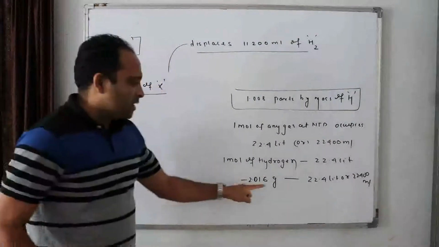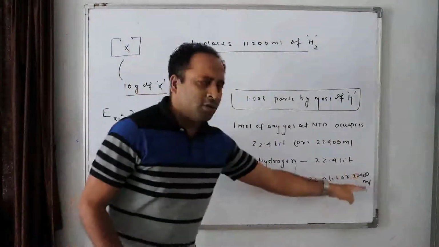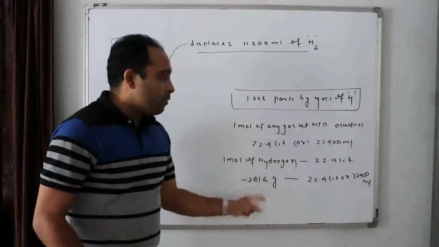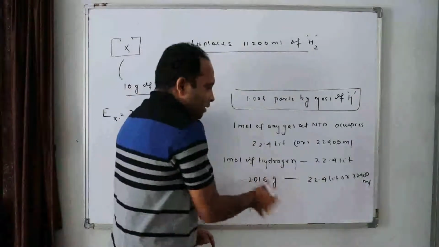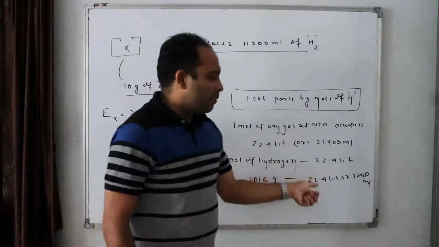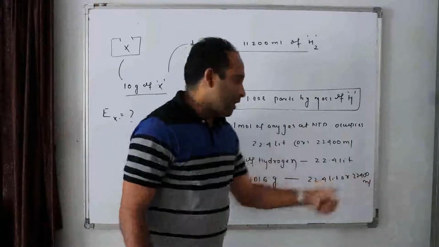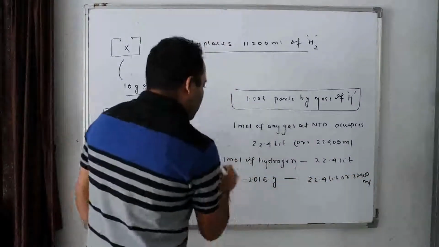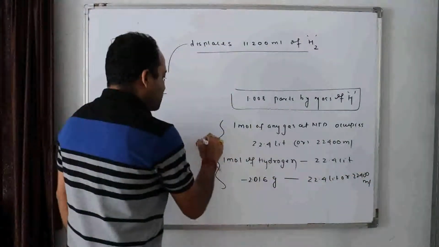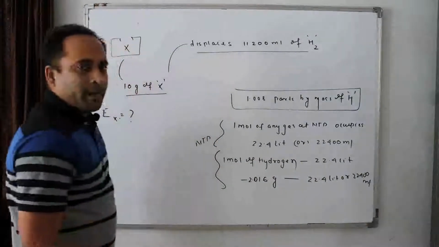Now 2.016 gram is equivalent to 22400. That is, this many grams, or this much molar mass, occupies 22.4 liters or 22400 ml. In which condition? All these conditions are at NTP or STP. Yes or no?